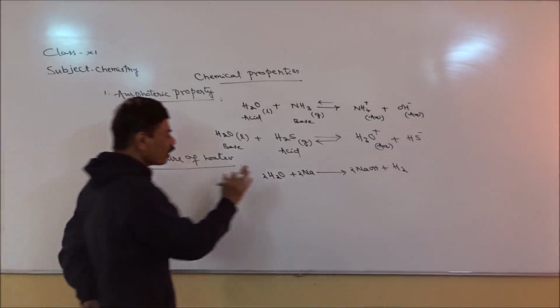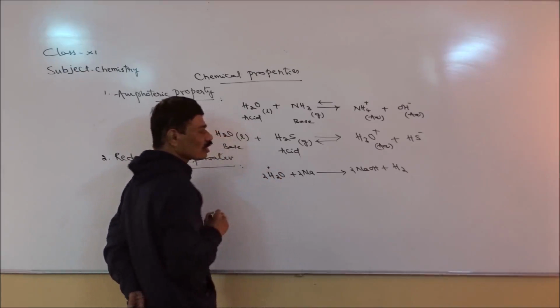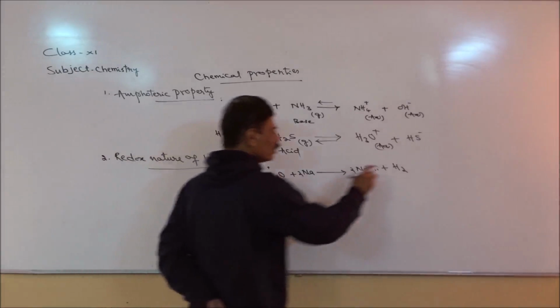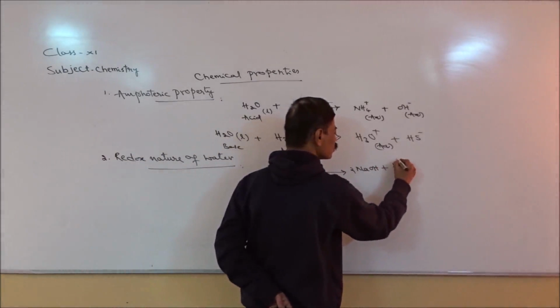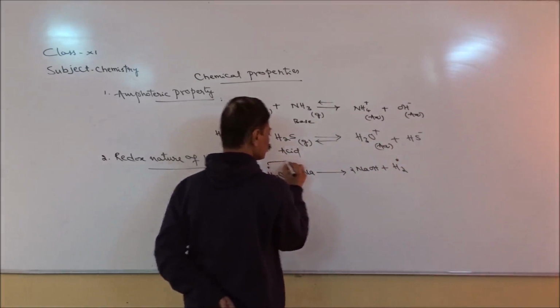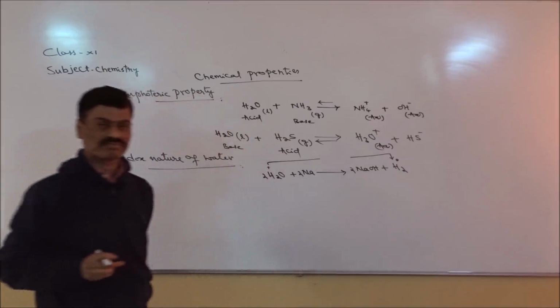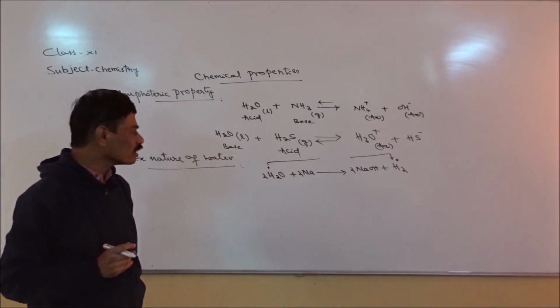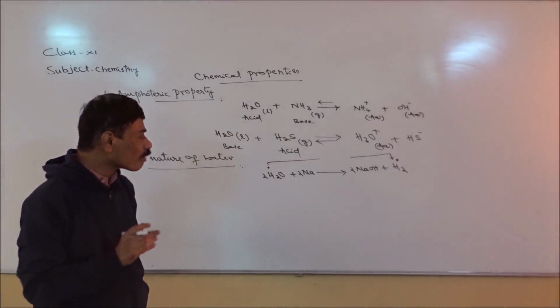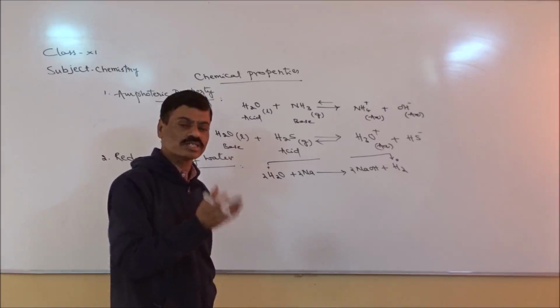In this case, hydrogen has positive charge, whereas here in H2, hydrogen has 0 charge. Means positive to 0. When oxidation number changes from positive to 0, we will see a little later what it should be called.